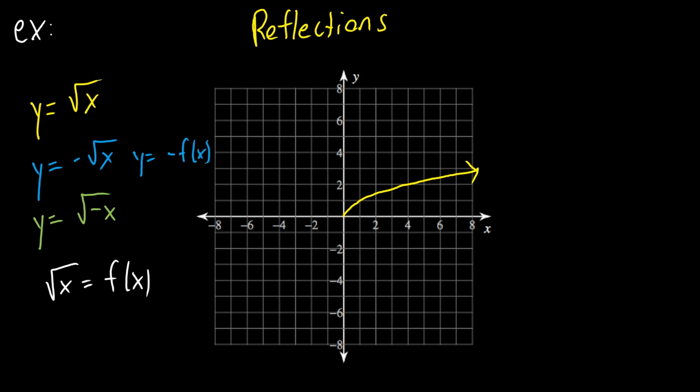For this green one, okay, and just referring back to those rules and just thinking about it, any x I plug into this green function here, it's going to be on the left side, right? I can plug in 9, it's going to be negative 9. So this is going to be on the left side there, and that's going to be flipped along the y-axis.